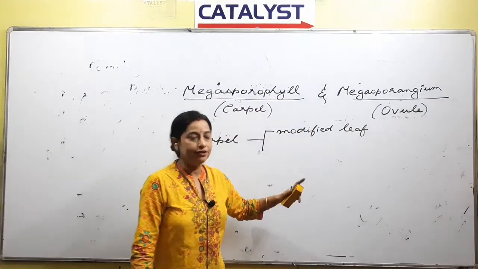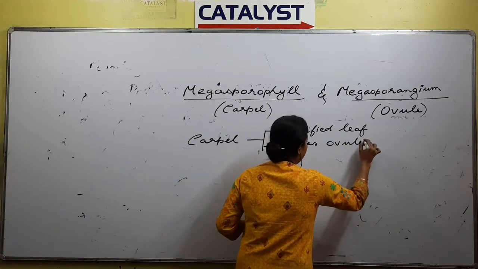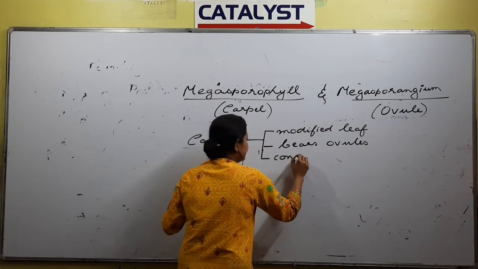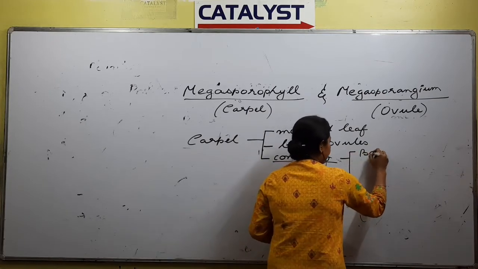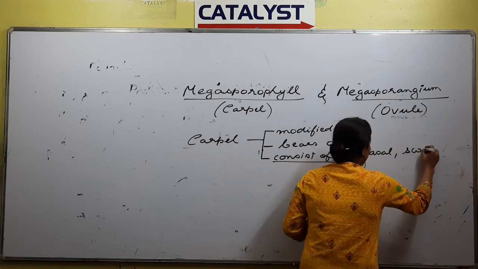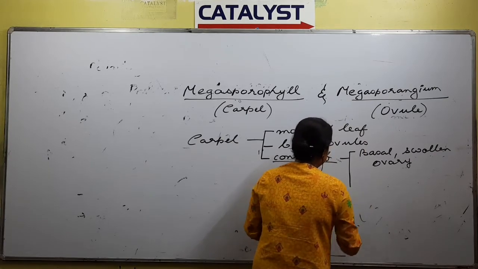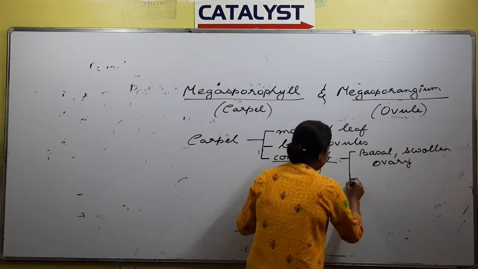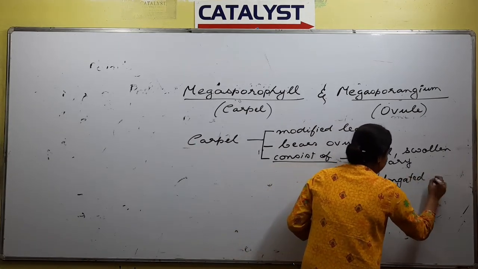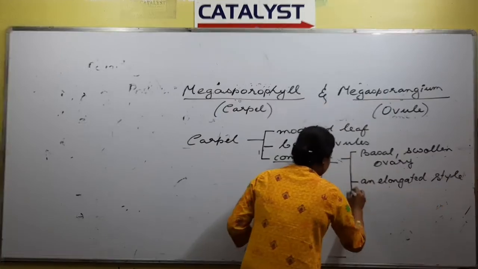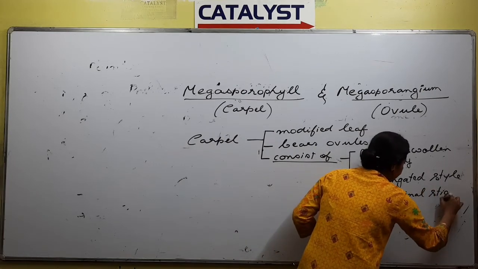Next, it bears ovules and it consists of a basal swollen ovary, an elongated style and obviously a terminal stigma.